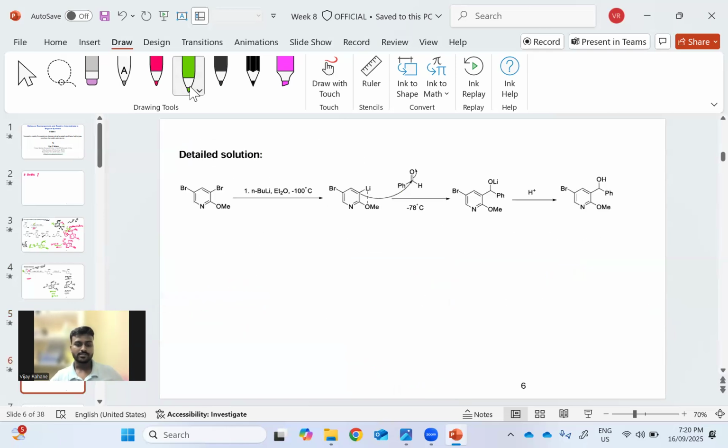So you can also see the mechanism, which also mentions the same stabilization. And if you go another way, where the other bromo is getting replaced by the lithium, then what products form? So this will be the bromo, and this is the OMe, and here the negative charge comes, and lithium plus.